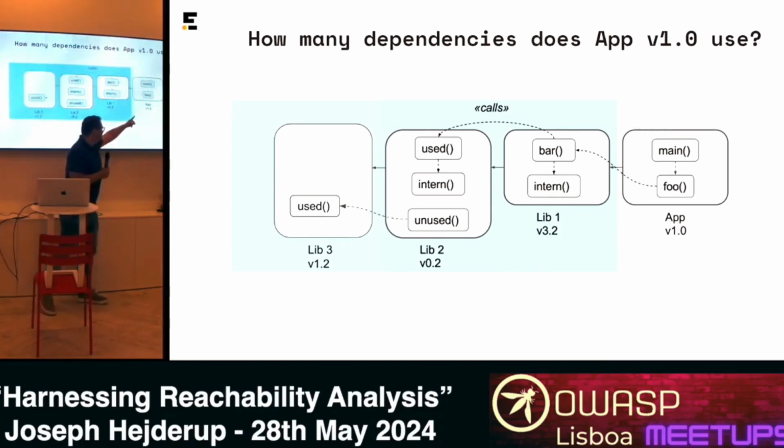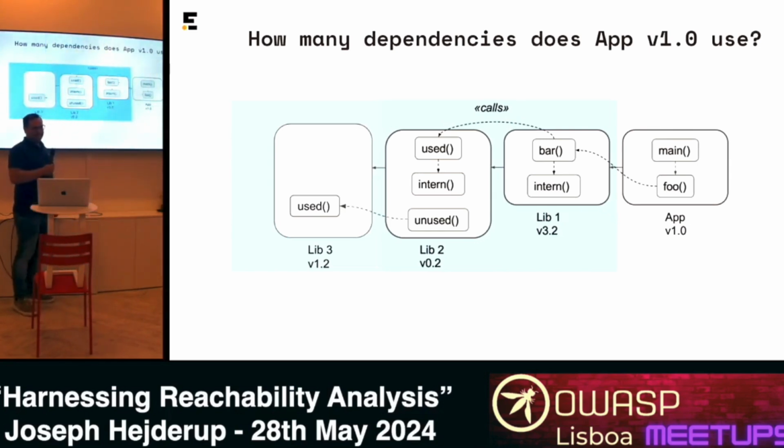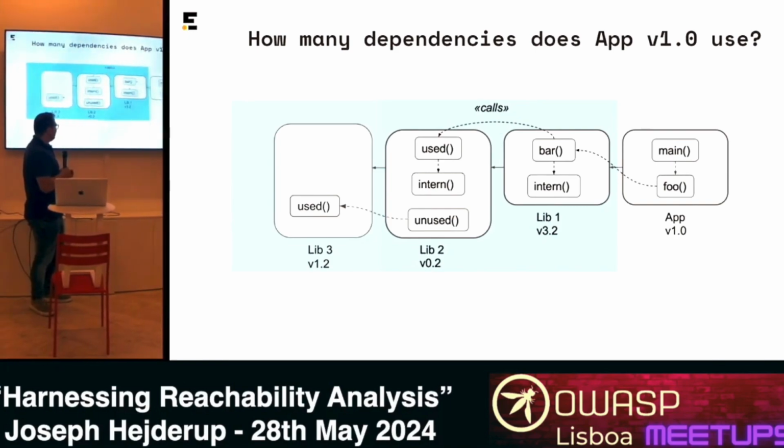So this is the application, and these are the dependencies. You've got three libraries. Exactly, it only depends on the first two. The second one is unused. So if you would use a normal dependency checker, it will tell you you're using three libraries. But in practice, you're only using two of them.